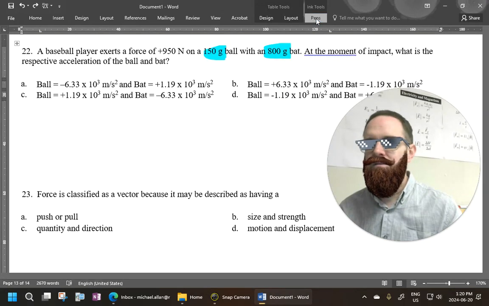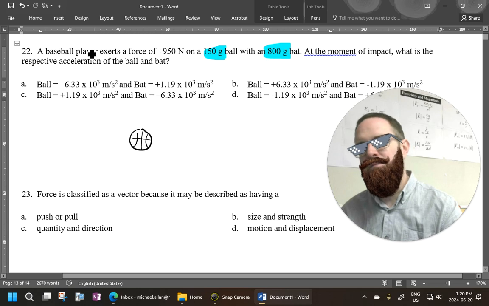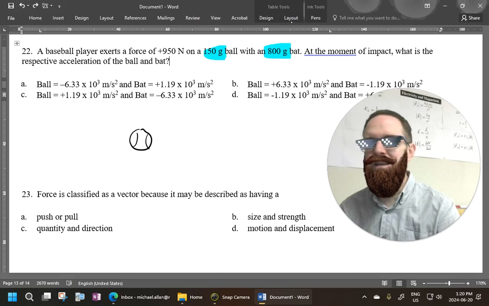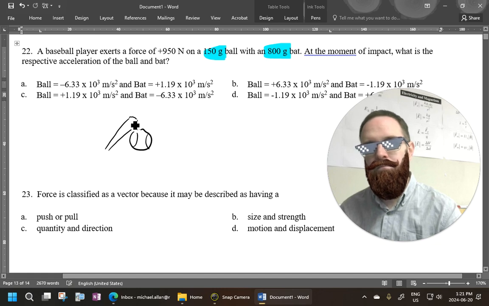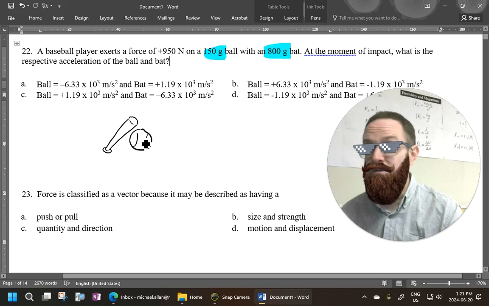Okay, so if I know the force in which the baseball is being hit at here, and I know the force, but then I know the force in which the baseball is being hit back at because of Newton's third law.